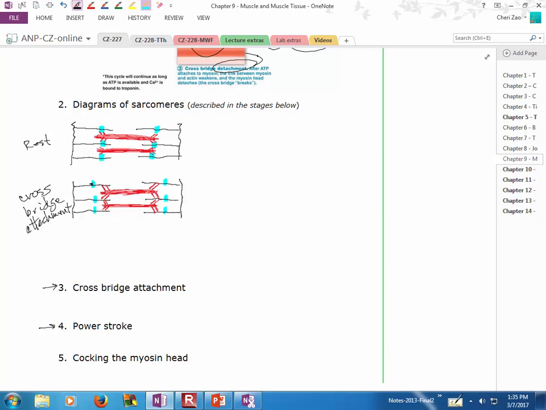Now, the reason I haven't drawn the power stroke is because I want you to tell me, should I make my Z-discs in the same place now as I did my previous two drawings? No. I should make them closer to the sarcomere center, correct?